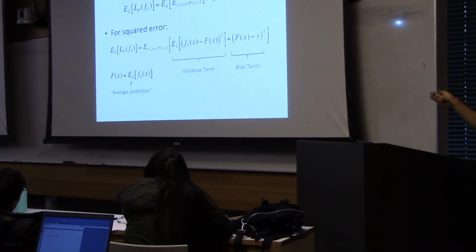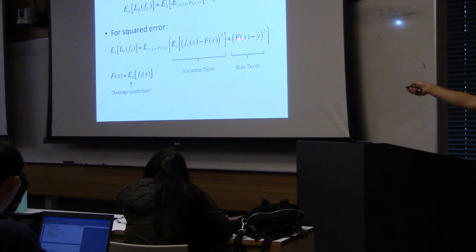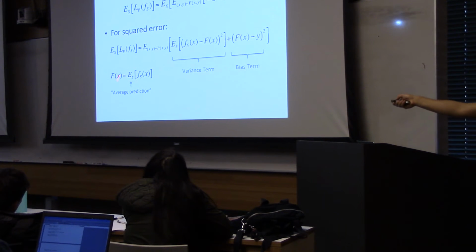Turns out, if the loss is squared loss, and I forget if I showed you the derivation or not, you can decompose it additively, using just some tricks from the distributive rule, into this term and this term, where capital F is the average prediction. Okay?